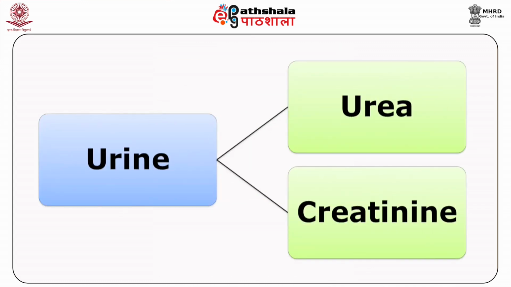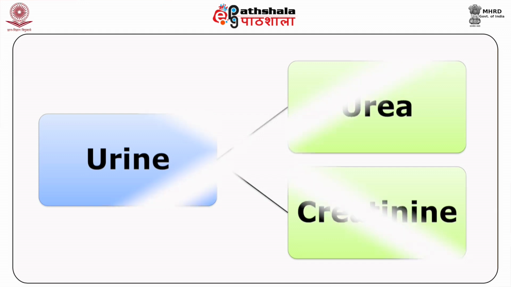Urine contains two main constituents, namely urea and creatinine. Both these components are tested for confirming the presence of urine. Urea nitrate crystal test and creatinine test are employed for such testing.